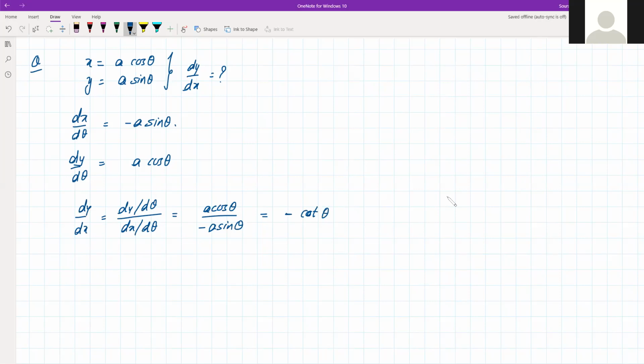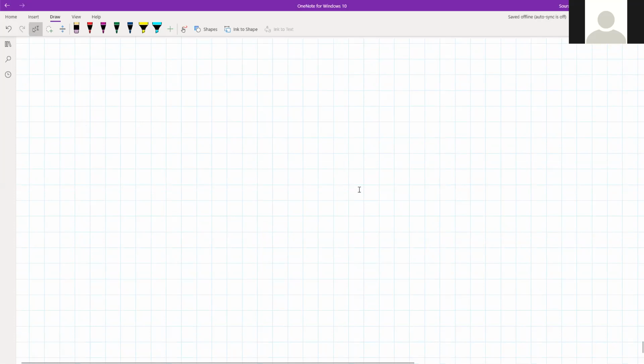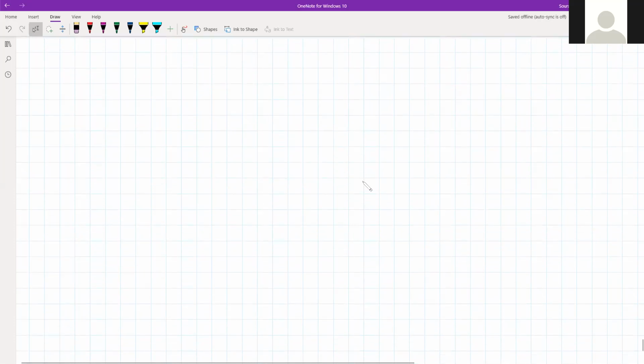So dy by dx equals minus cot theta. And this is how we solve functions in parametric form. This is how we are going to differentiate them. Let's see the next question as well.